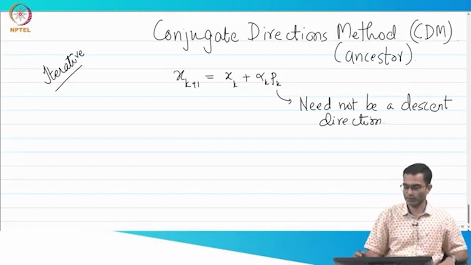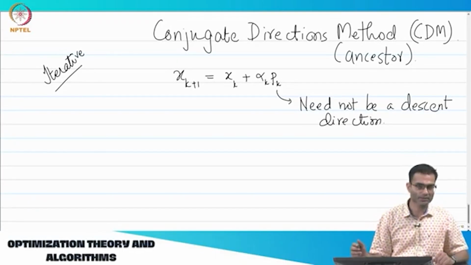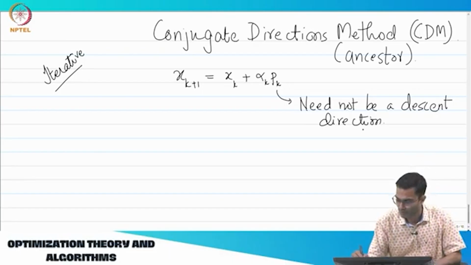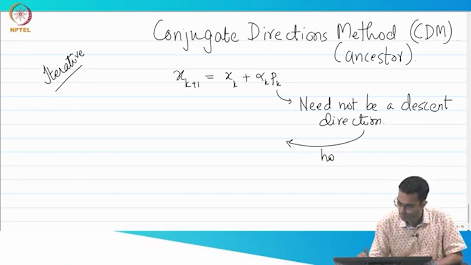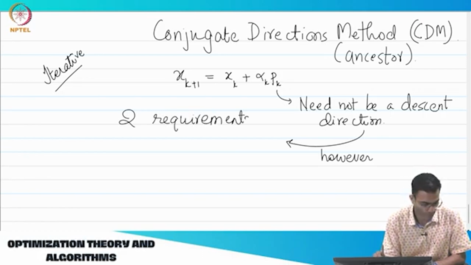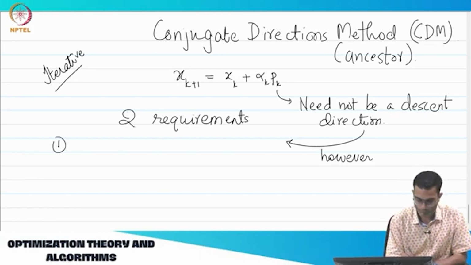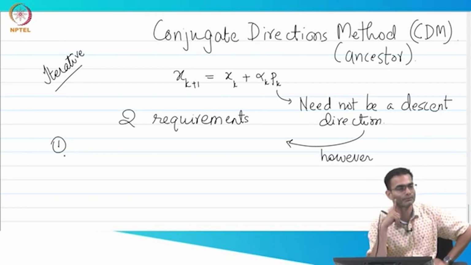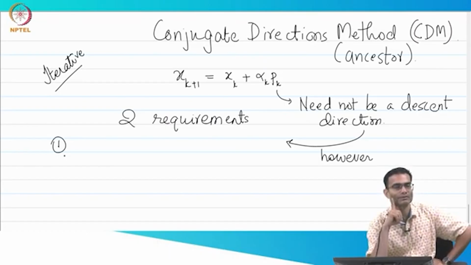But just as we know that there is no free lunch, there are some constraints that I need to impose on this p. Okay, so let's put a however. No points for guessing the first requirement. What is it?